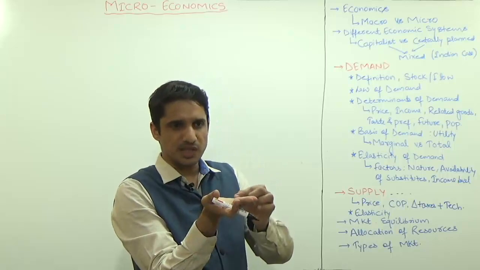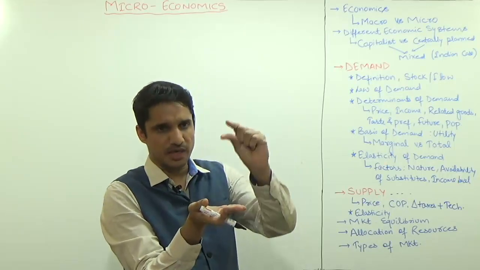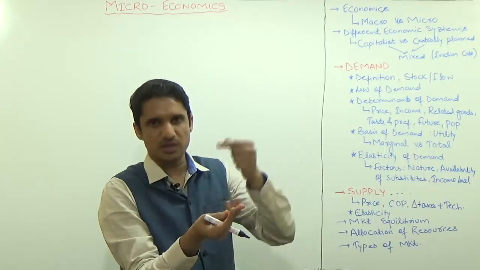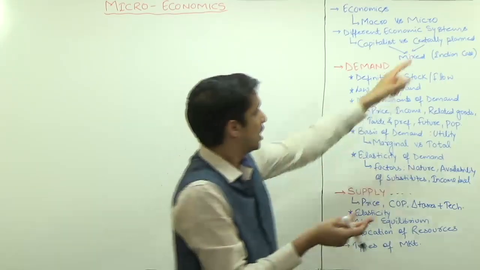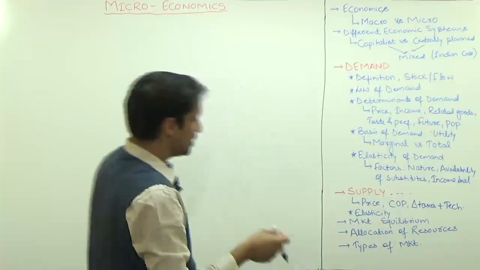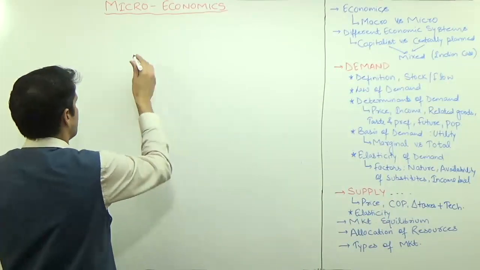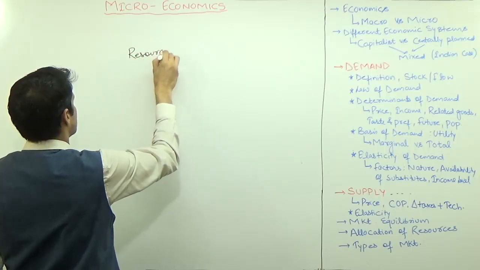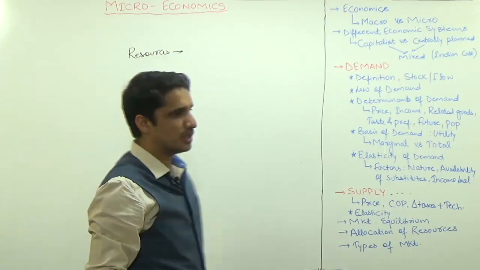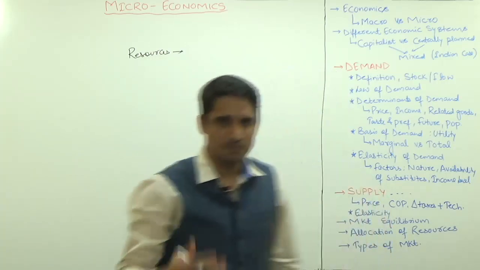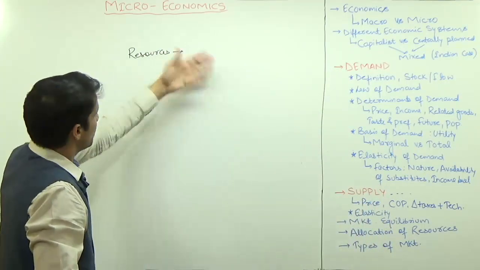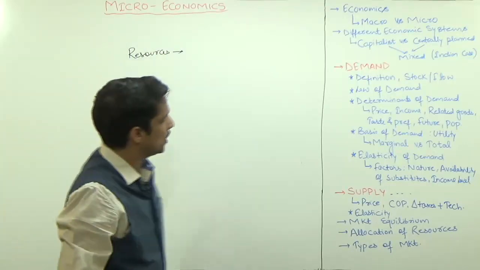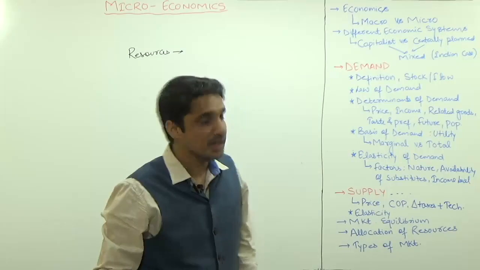Any representative of the society, that representative can be the government selected by the society, now they own the natural resources. And under the capitalist economy, whatever the natural resources are, they belong to the individuals. As per their profits, they decide what to produce and distribute. So the resources belong to the individual in a capitalist economy.